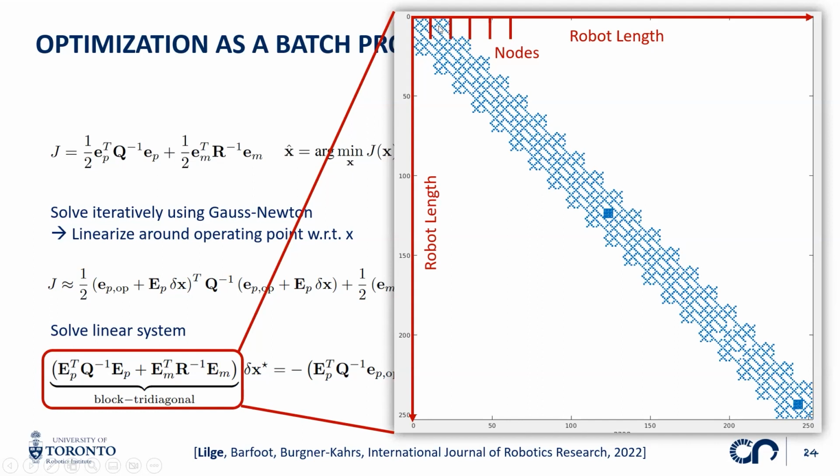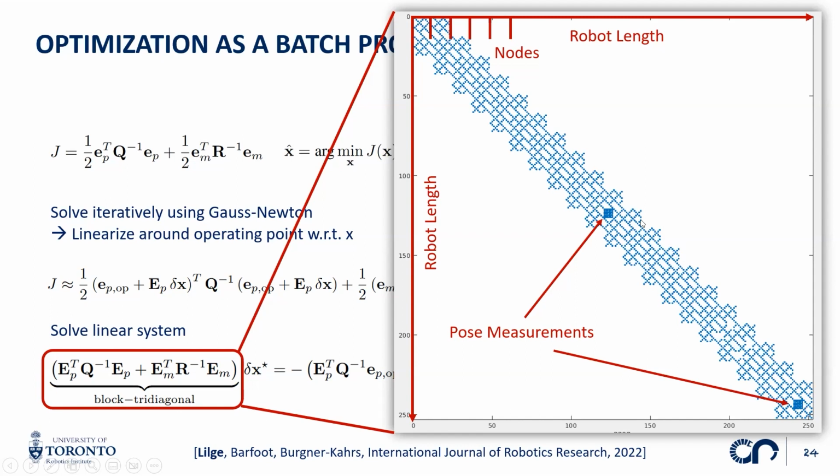So we can see that every node is only connected with neighboring nodes, which comes from the prior, because this node is not associated with any other node except its neighboring node, which leads to this block tridiagonal form. Additionally, the measurements of specific robot states are just on the block diagonal itself.